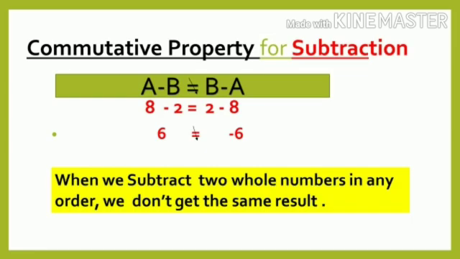You can see the difference here. 6 is a positive integer and minus 6 is a negative integer. 6 is a whole number, but minus 6 is not a whole number. So the left hand side is not equal to the right hand side. So we can say that when we subtract two whole numbers in any order, it is not necessary that the result will be the same.